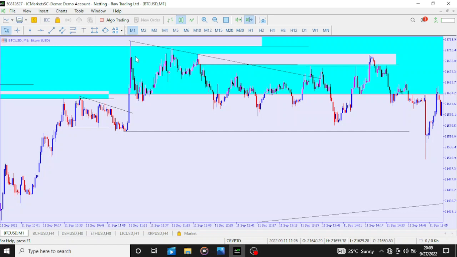Liquidity drives the market. Big traders use liquidity to drive the market. So we have to be careful. We have to wait for all liquidity to be swept before we get into the trade.